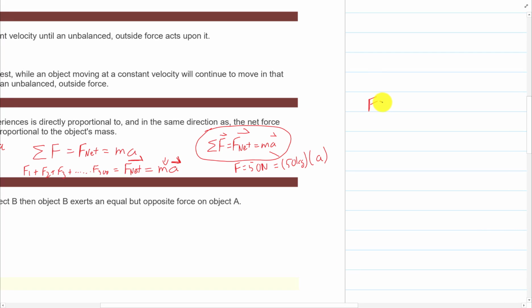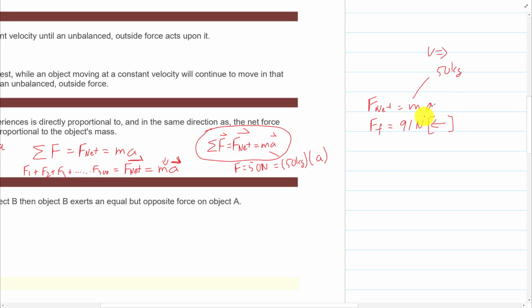F net equals ma. This is still 50 kilograms. There is now no push force, but there was a frictional force. The frictional force was 91 newtons, but it was that way. It was a direction slowing it down, yet it was moving this way. Okay?